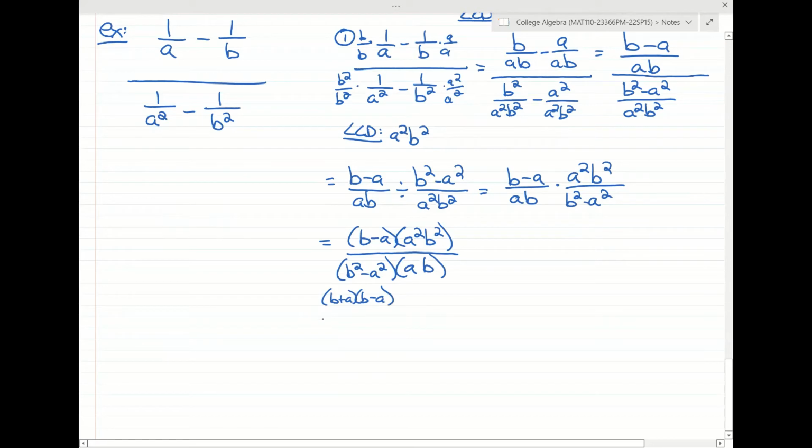This is a special case that we talked about. So this is factored. Top, we would just have a squared b squared times b minus a. Bottom would be a times b times b plus a times b minus a.